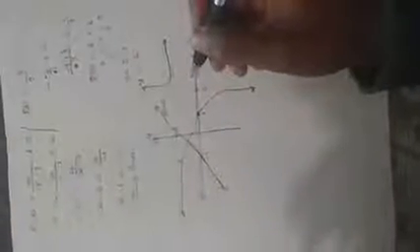Okay, let's come here. For which values of x does f of x lie below g of x? Okay, that's the question that we have to answer here. So this would mean that we need to determine the value of the intersection here.